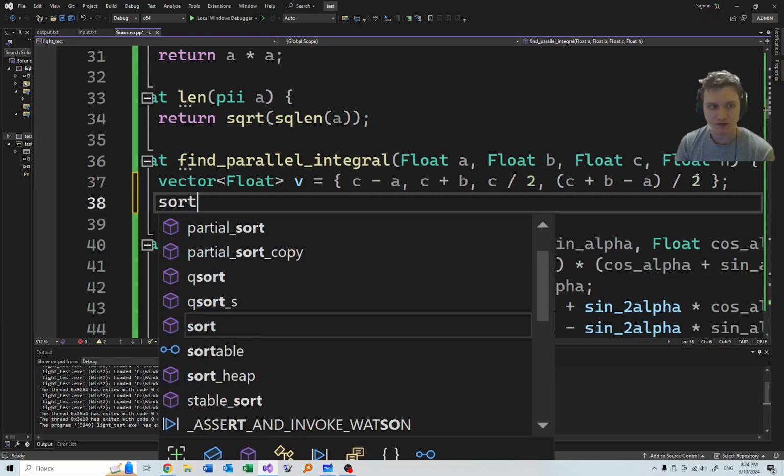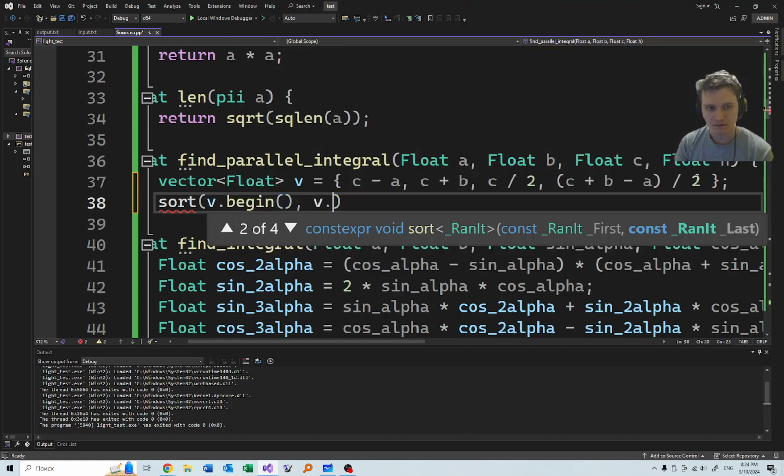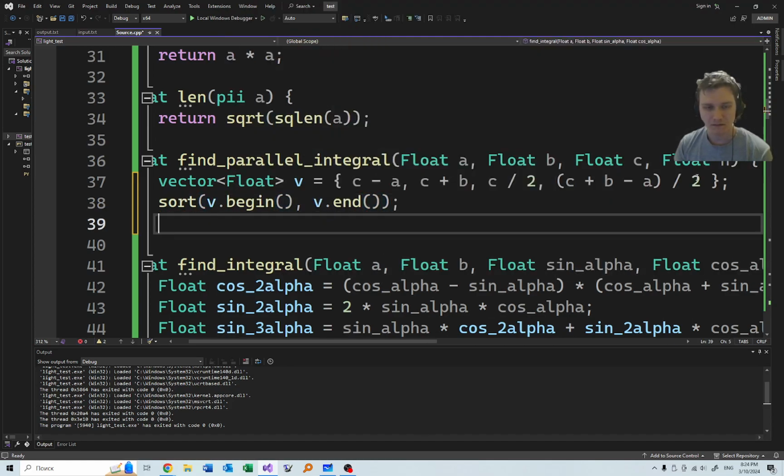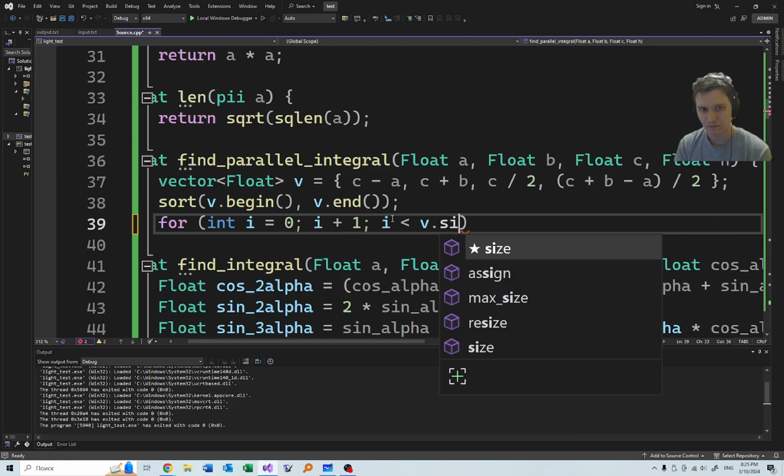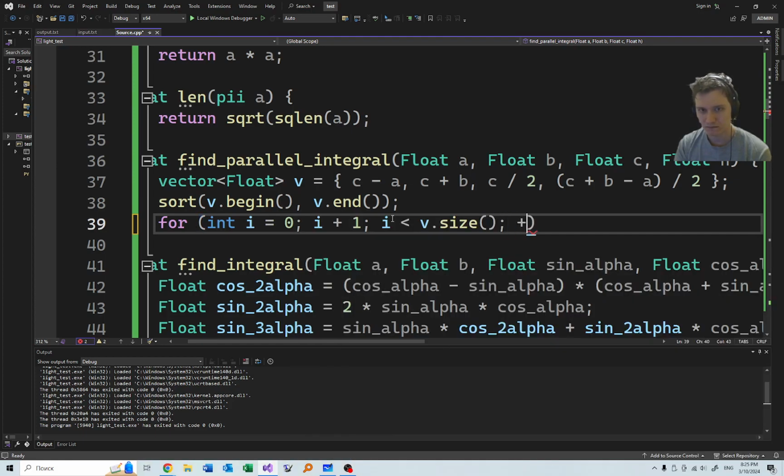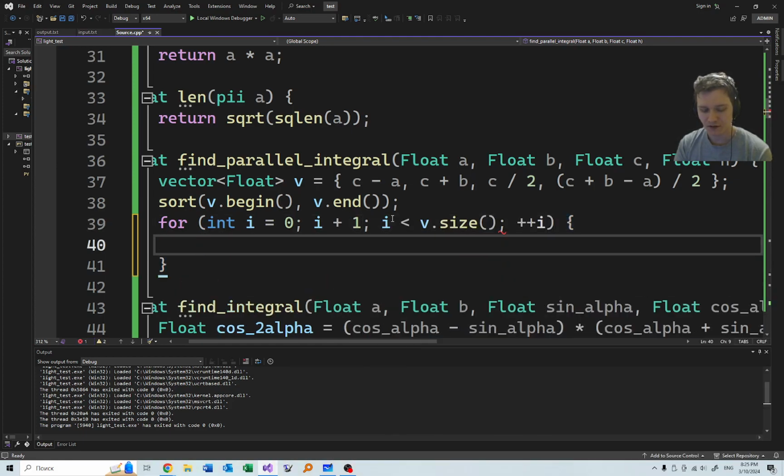Okay, then let's sort, and let's go through this array. Okay, so we need to check.